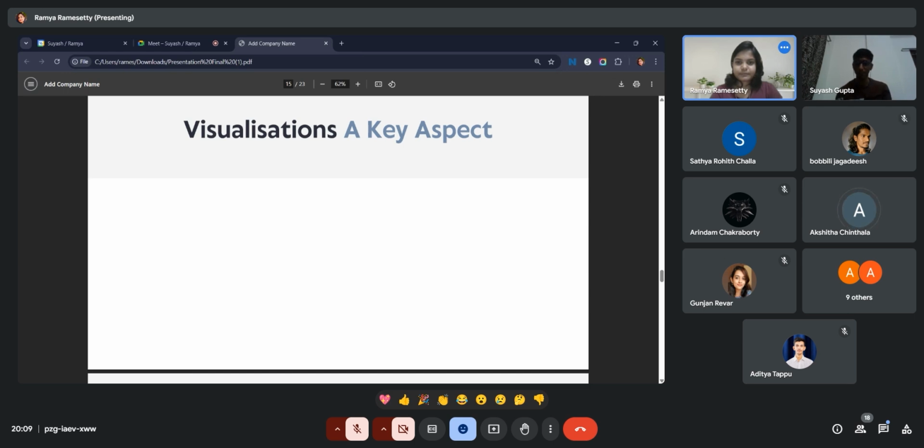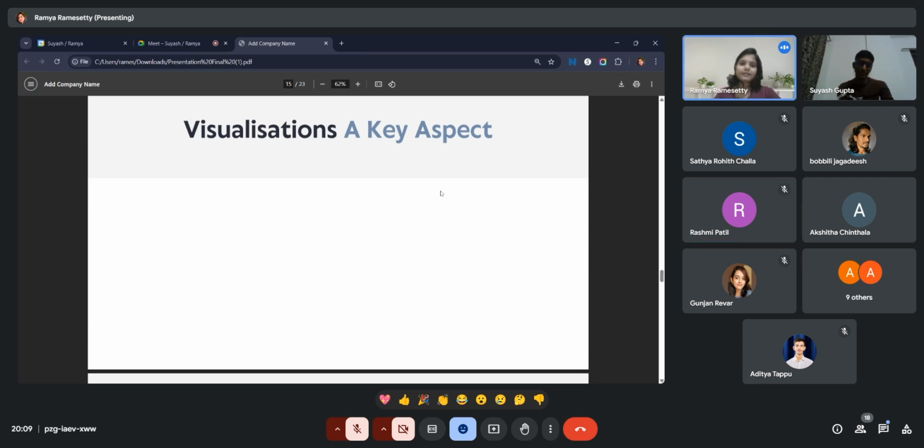Any layman who is not familiar with Power BI can easily understand what the visuals depict of the business, so they can easily understand what we are trying to convey. It's like a movie instead of reading a book: a visual representation of everything, easily understandable.